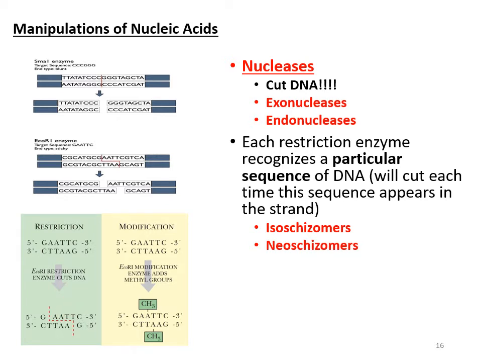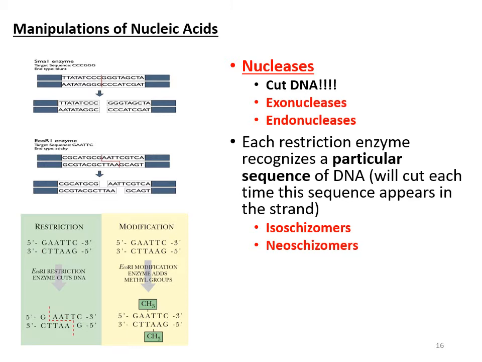Okay? Now, isoschizomers, on the other hand, it's a little confusing when I say this. They recognize the same sequence and cut at the same spot. So isoschizomers would both recognize GAATTC, and they would both cut after the G. Okay? That would be isoschizomers.